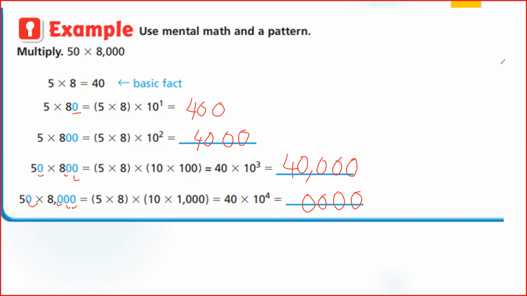You have to multiply 5 times 8, which is, yes, Lamia, 5 times 8. 5 times 8 is 40. So then now the answer will be 400,000. Okay.